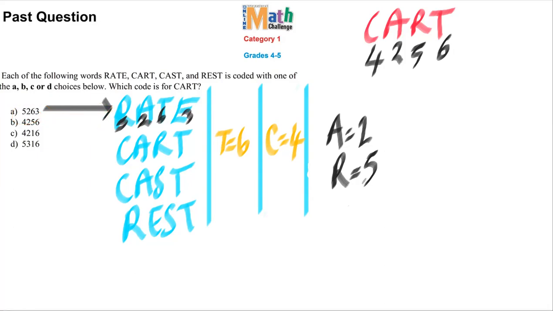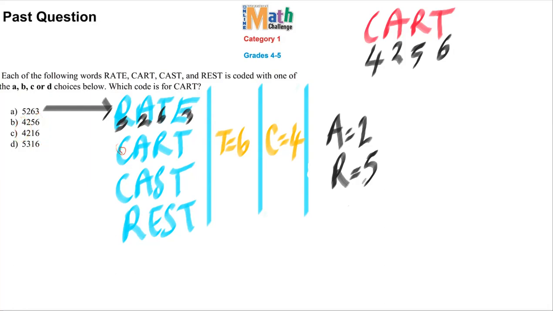Then we can conclude that R is represented by 5, A by 2, and T by 6. After that, again, if we check these 3, 2 of them start with the same letter.